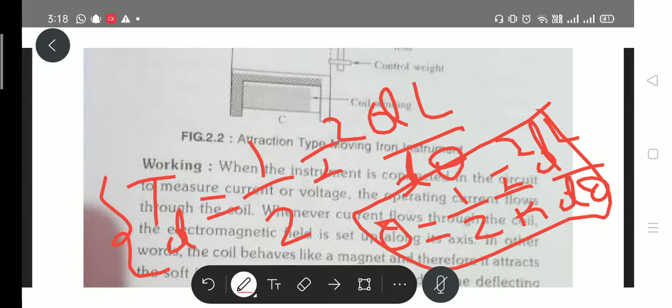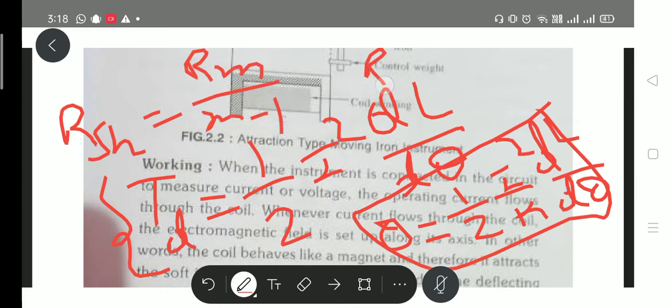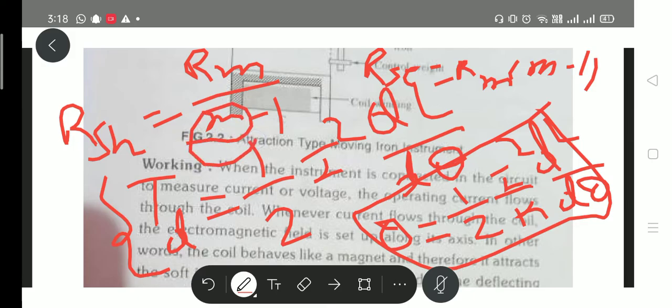One more formula is for shunt and series resistances, that is Rsh is equal to Rm by m minus 1 and Rse is equal to Rm into m minus 1. These formulas are also very important, and here m is the multiplier.